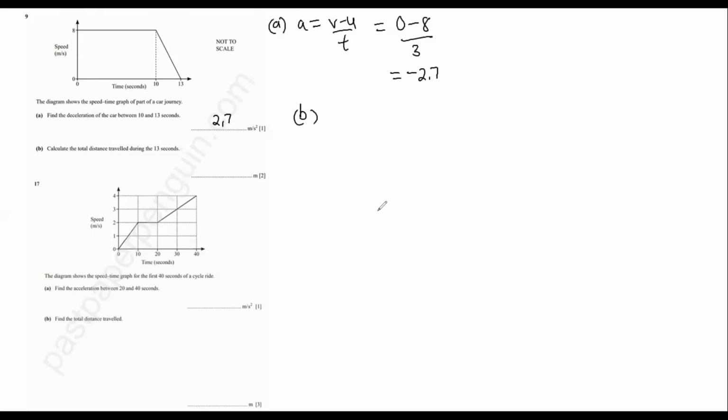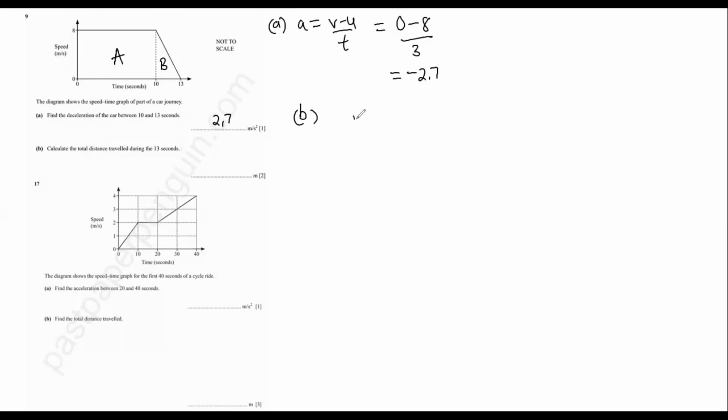Isn't it faster to just calculate it as one shape? You can use your method, it's fine. Two shapes: a rectangle and a triangle.